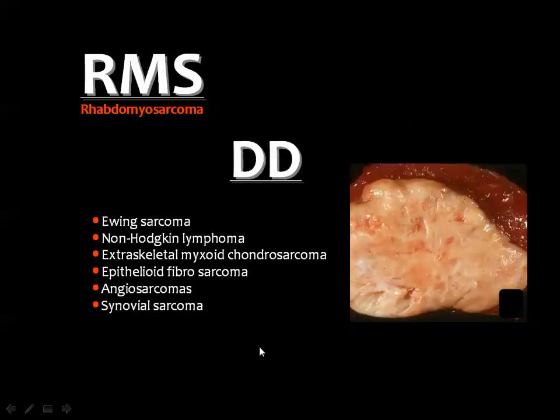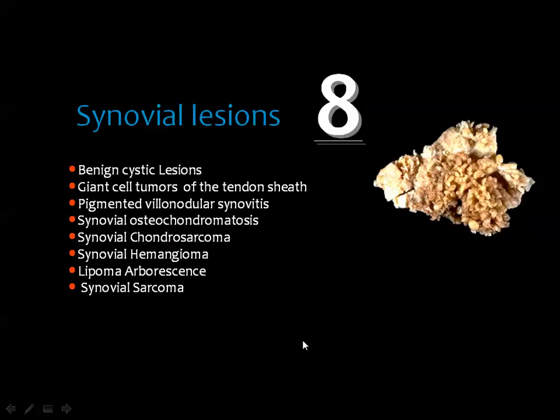The differential diagnosis of rhabdomyosarcoma will include other types of sarcomas like Ewing sarcoma and non-Hodgkin lymphoma, fibrosarcoma, angiosarcoma, and synovial sarcoma. Then we came to the lesions arising from the synovial membranes, and these include eight lesions.